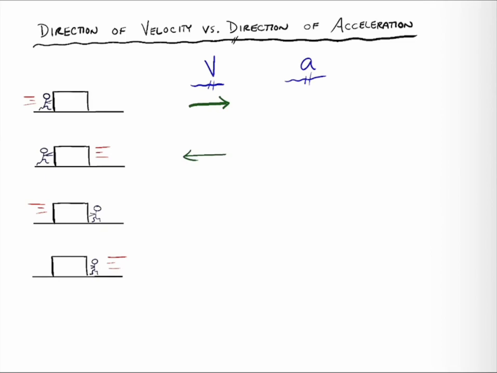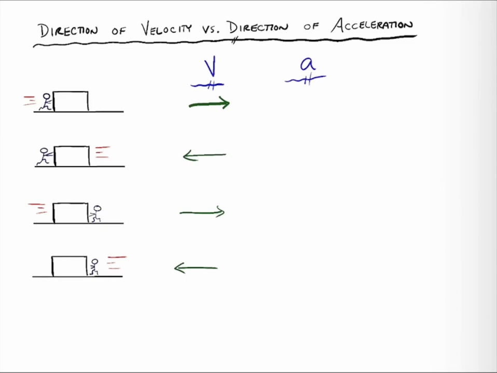Take a second and try and figure out what direction you believe the block's velocity is in the third and fourth case. In the third case, it's to the right simply because the block is moving to the right, and it's to the left in the last case simply because the block is moving to the left. The acceleration is not directed in the direction the object is moving. It is directed in the direction that the object is being pushed or pulled.